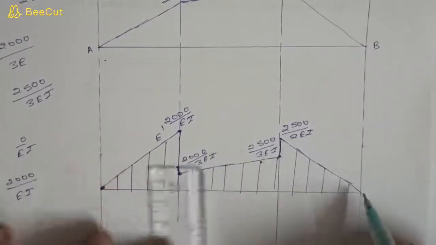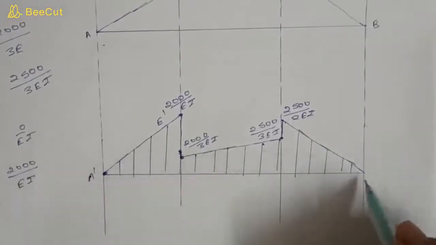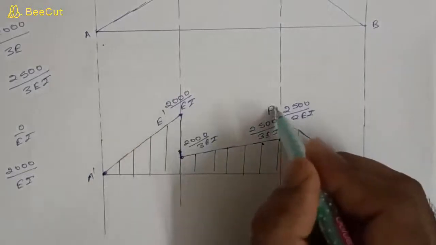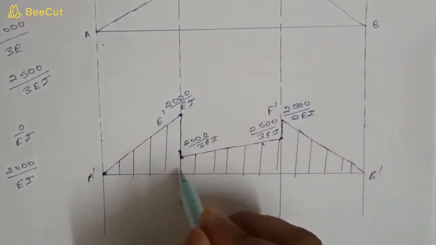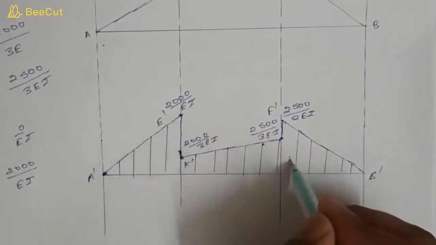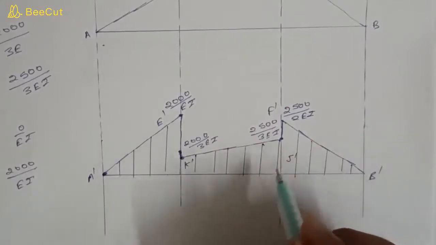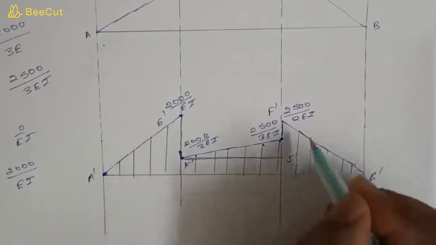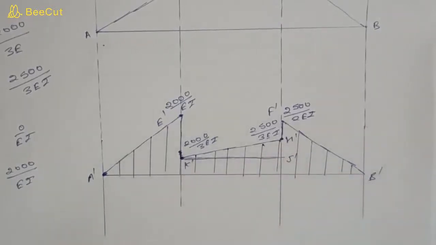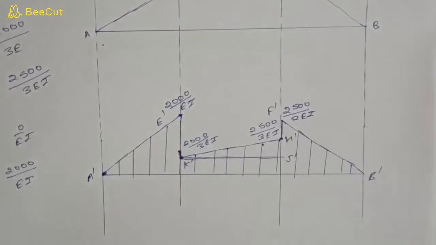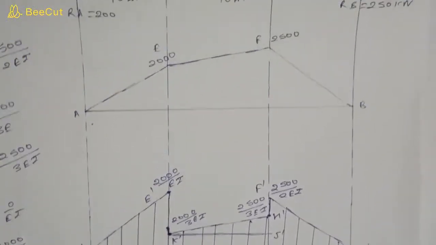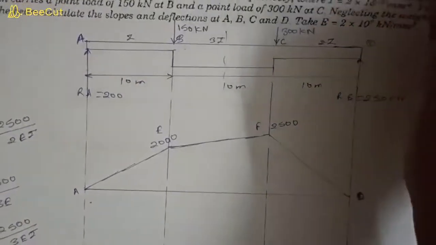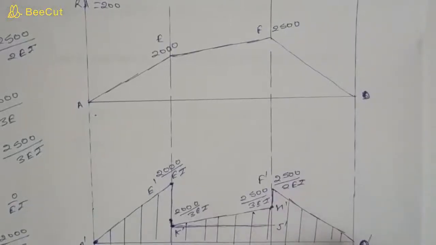Suppose this is A dash, this is B dash, this is E dash, this is F dash, this is K dash, this is J dash, and if we draw a straight line from here, then it is H dash. Sorry, this was D, so this should be D, not B, and this should be D dash.